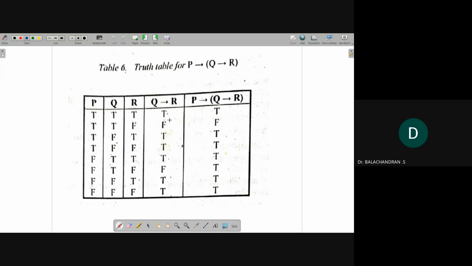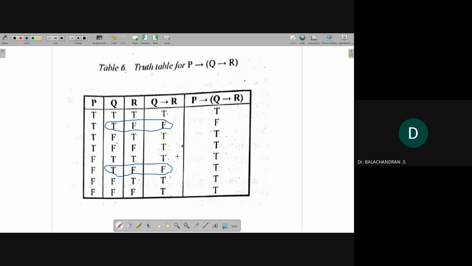So look at here. Okay, so Q is true, R is what? False. Similarly, here Q is true, R is false. So remaining all other cases, it is true.